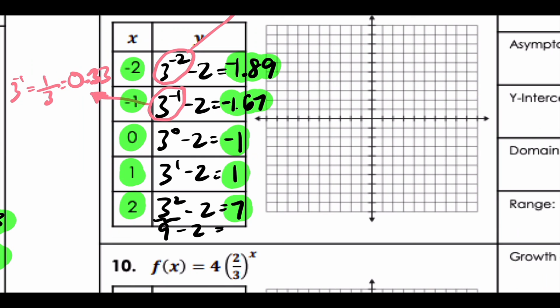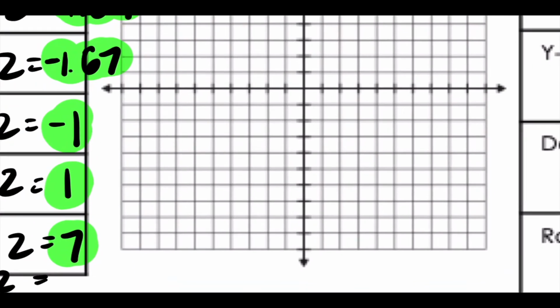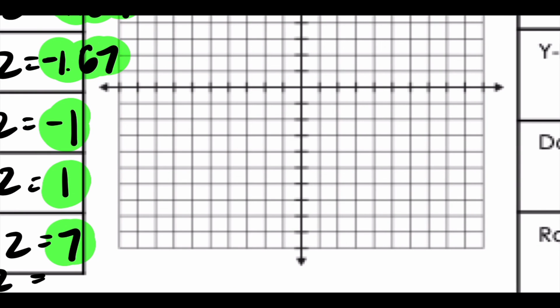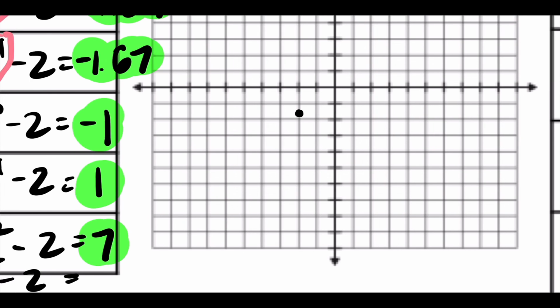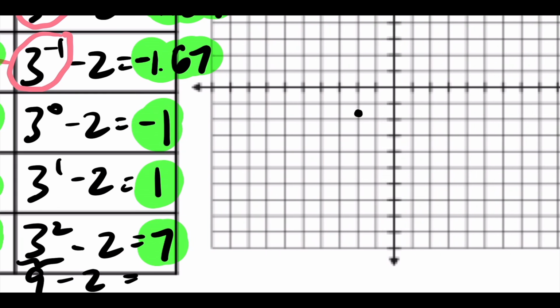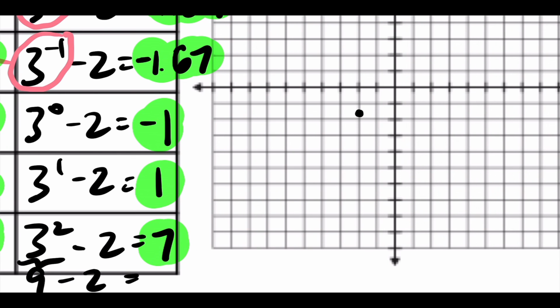Okay, there are my dots. Go make 5 dots. So the first one, negative 2. So I'm going to go left 2 and then down almost 2. The next one is negative 1. I go left 1 and then down a little bit less.